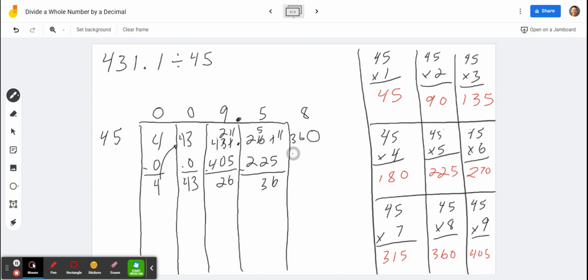And if you subtract those, of course, they're the same number, so you would get 0. So once you get to a final 0, that means you're done. You don't need to add a 0 here in the next place. So your final answer would be, and you don't need to write these zeros, your final answer would be 9 and 58 hundredths.